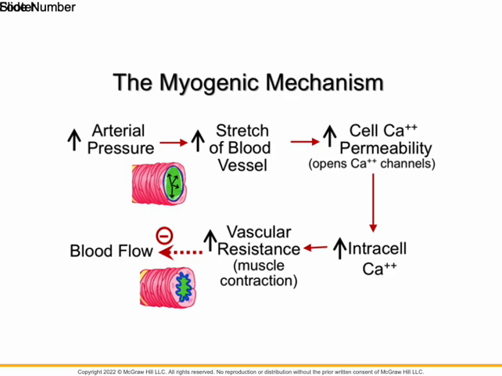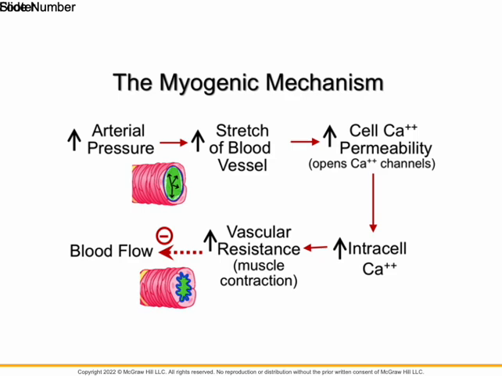And so as you have a higher blood pressure, you get more blood coming into the vessel, so you get a greater stretch of the vessel, which results in a stronger reflexive contraction, if you will, right? So in response to the vessel stretching, the vessel then contracts in response, right?